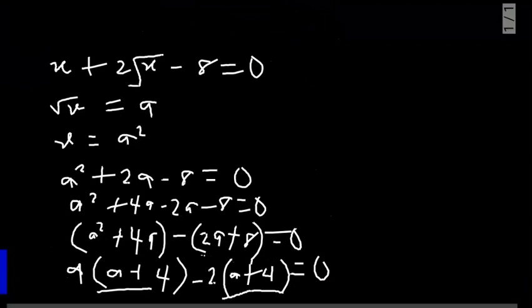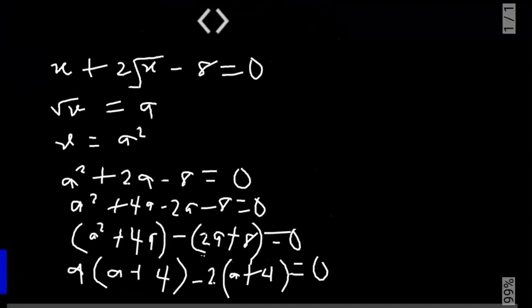You shouldn't have a plus 4 here then a minus 4 here. It means something is wrong. Or maybe you have a plus 4 here, then you have a minus 5 here. Something is wrong. If you don't understand, you can check the video in the description below to learn about solving quadratic equations.